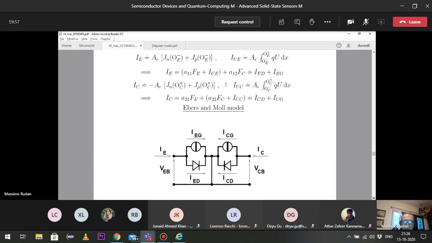We also define IUC, the recombination current of the collector, as the integral extended in this case over the collector space charge region times the cross-sectional area. Using these definitions, we have an expression for IC, the collector current, that is the one given here: A21 FE plus A22 FC plus IUC.